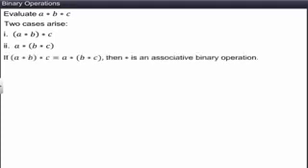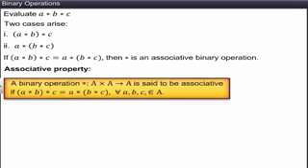If the result in both the cases is equal, then star is said to be an associative binary operation. In other words, a binary operation star on set A is said to be associative if A star B star of C is equal to A star of B star C for all A, B and C belonging to A.